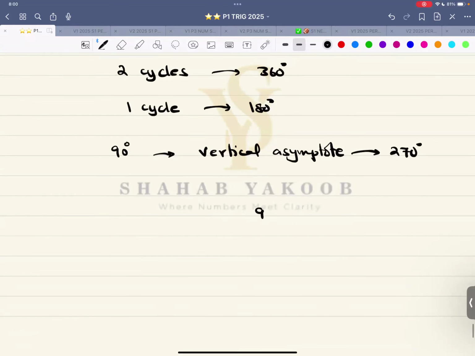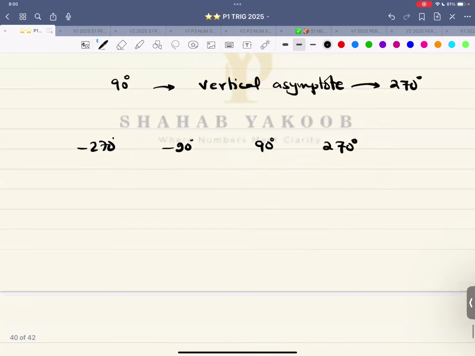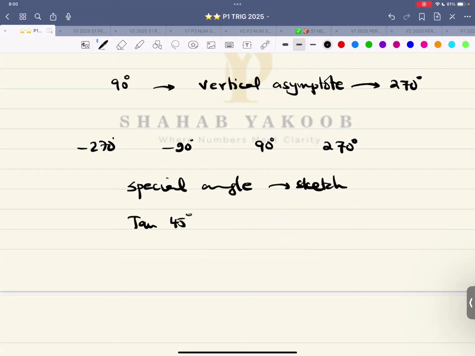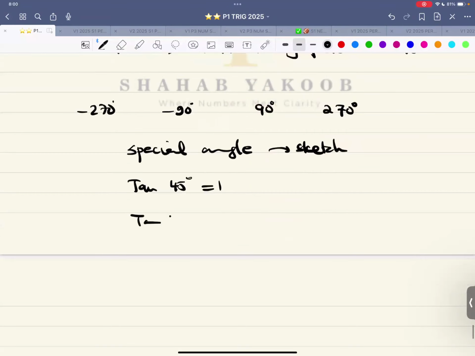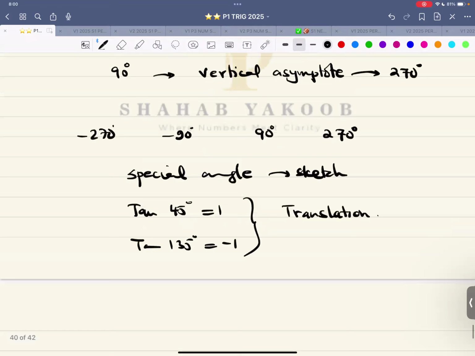And of course, it could be 90, 270, -90, or -270, as we have seen in the extended graph. Yes, there is a special angle that should be labeled on the sketch. And what is that? Tangent of 45 is 1. Tangent of 135 is -1, because this will help us in the vertical translation.